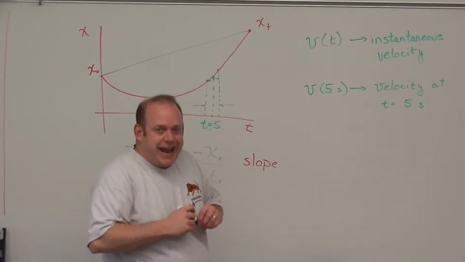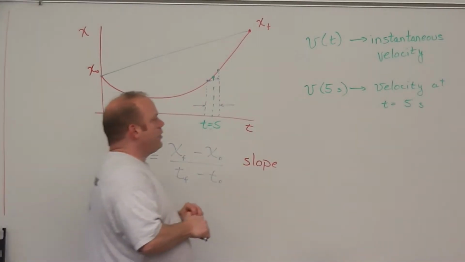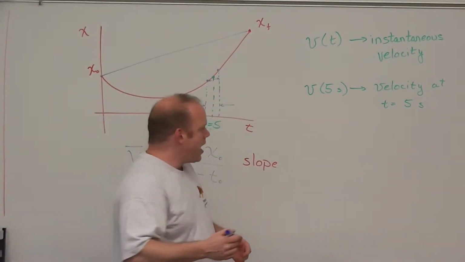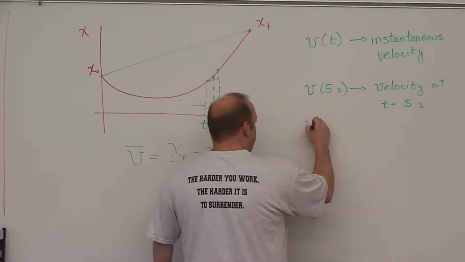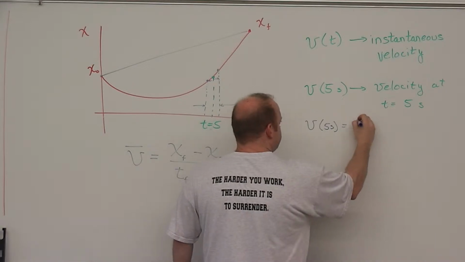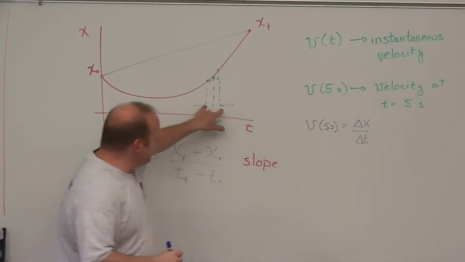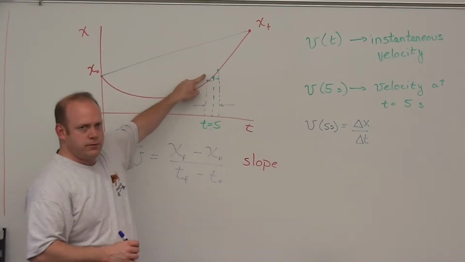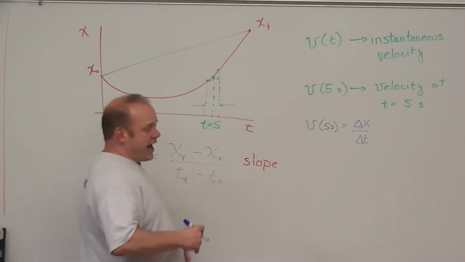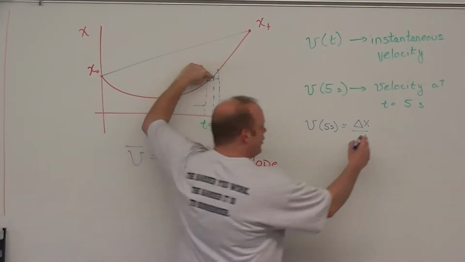Now, here's the thing. I can't make it zero using normal techniques, all right? Using standard algebra. Because what happens is, my velocity at 5 seconds there would equal my change in x over change in t. If I make this interval extremely small, and I'm using normal algebra techniques, that delta x is going to be 0.